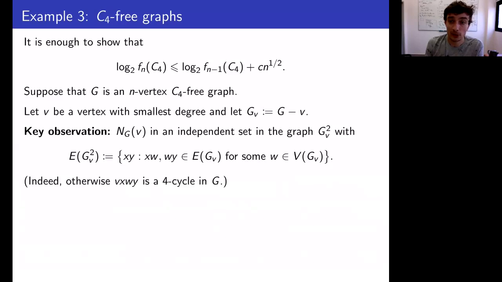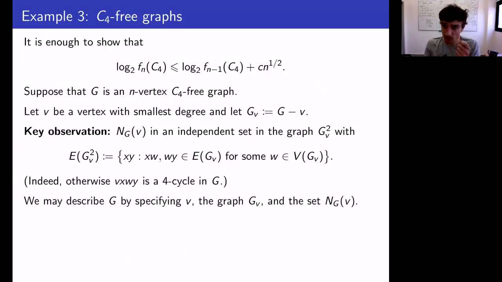So this reduction gives us the following idea how to derive an upper bound on the number of C4-free graphs with n vertices using a bound on the number of C4-free graphs with n-1 vertices.